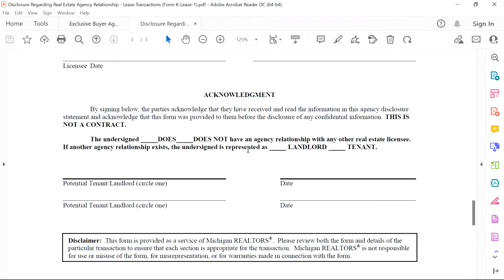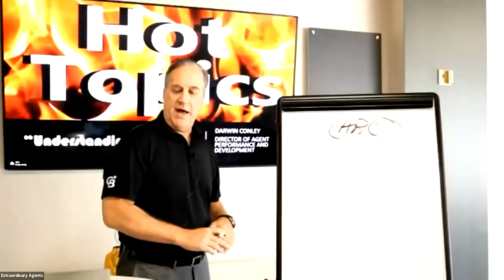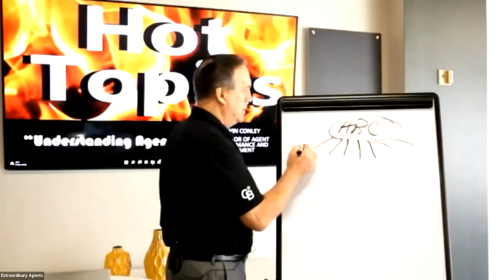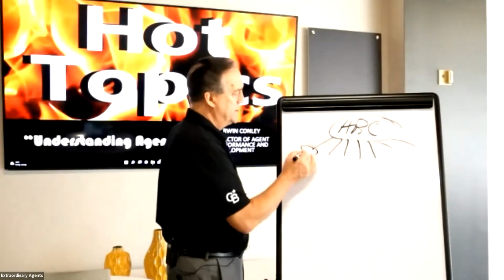The reason we have this is that HRC is a non-living entity. This non-living entity has 18 offices, and each of those offices has a lot of agents.